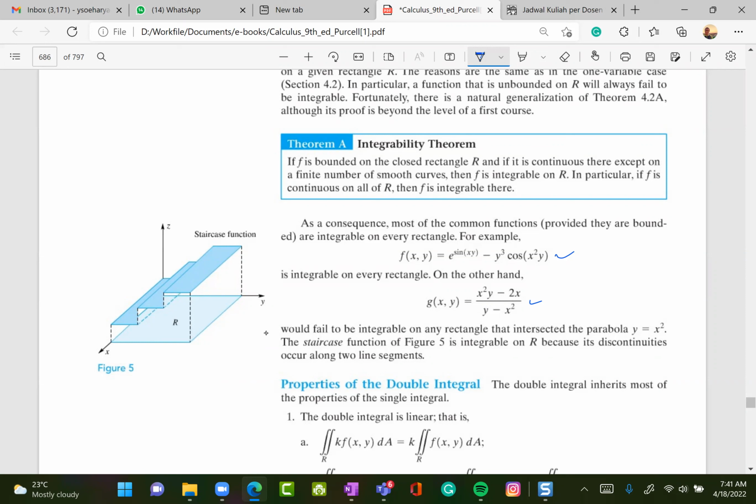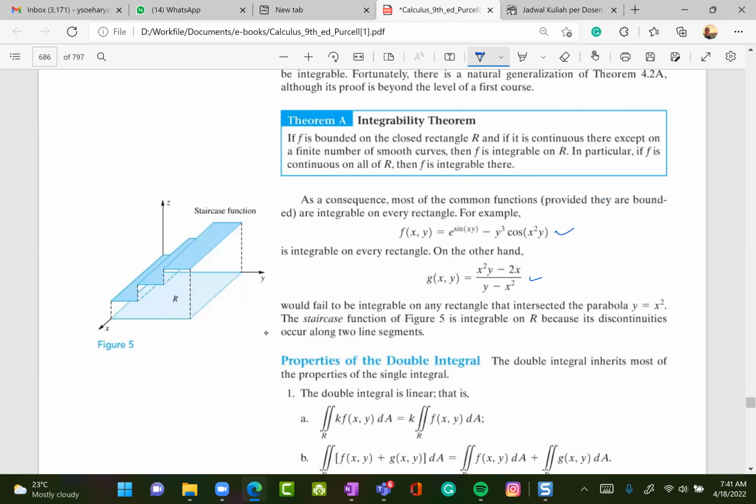This won't be bounded on a rectangle containing part of the parabola.